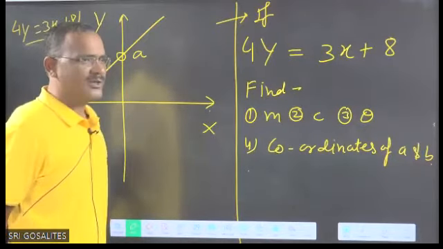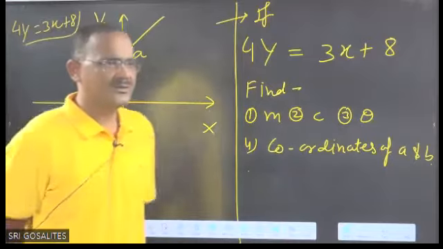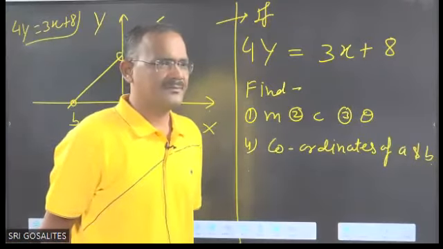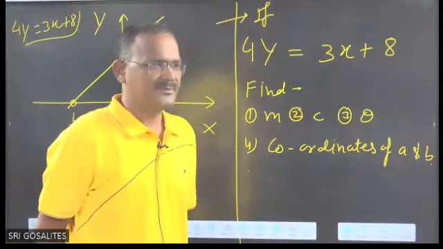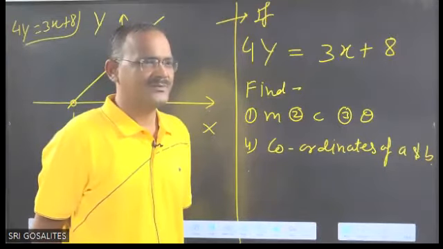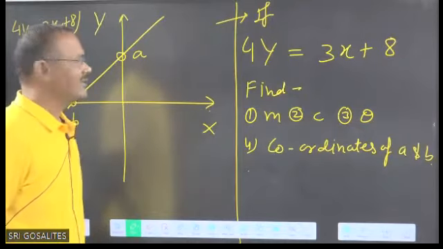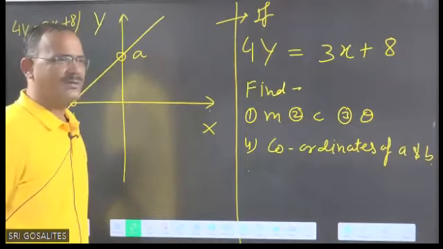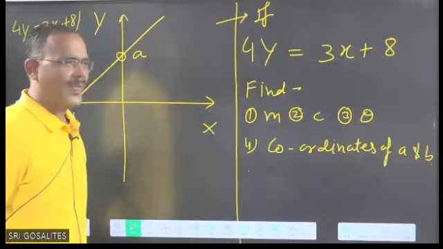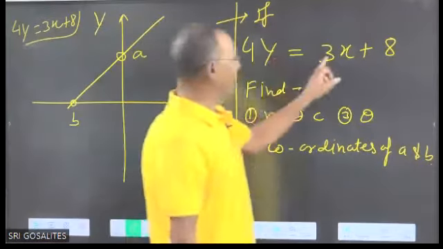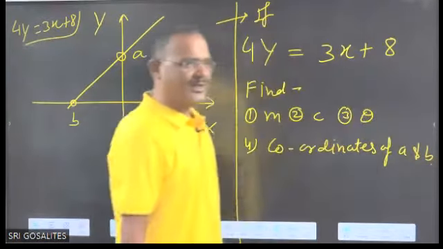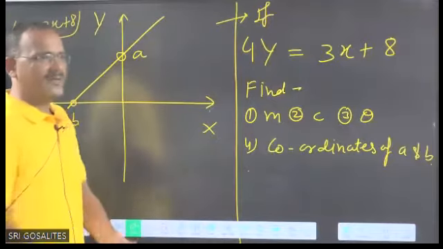Divide by 4 there. Good. Shabash. Bhavya is right. No, slope is not 3, beta. 3 by 4 it is. Convert in the standard form. y equals mx. Divide by 4 first. First you have to divide 3 by 4. Nice.